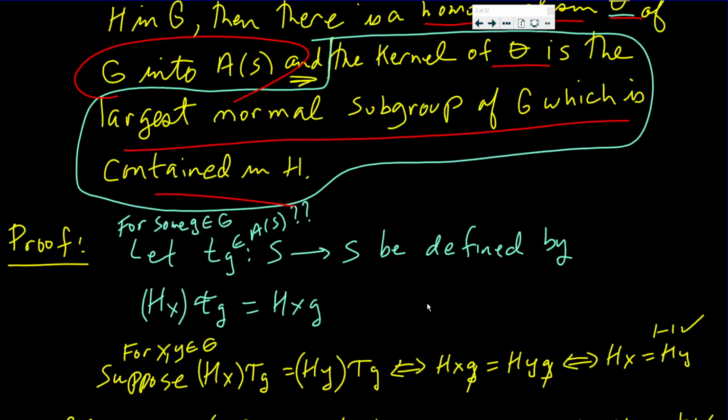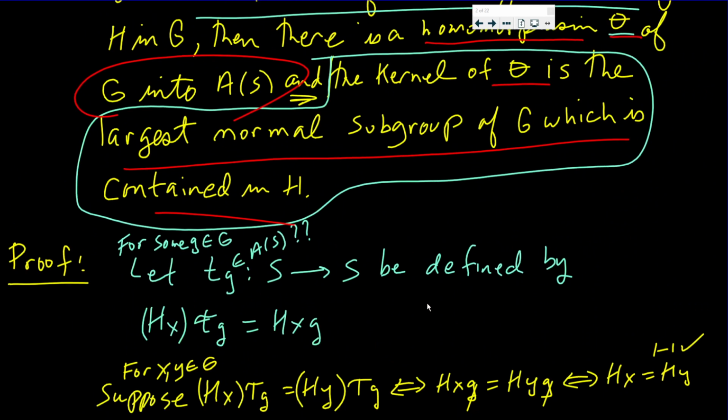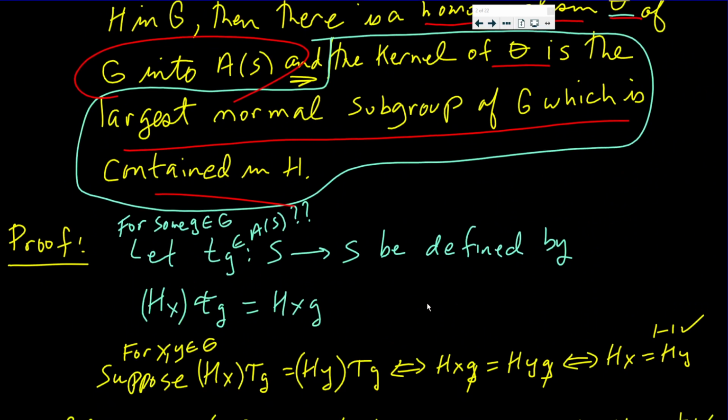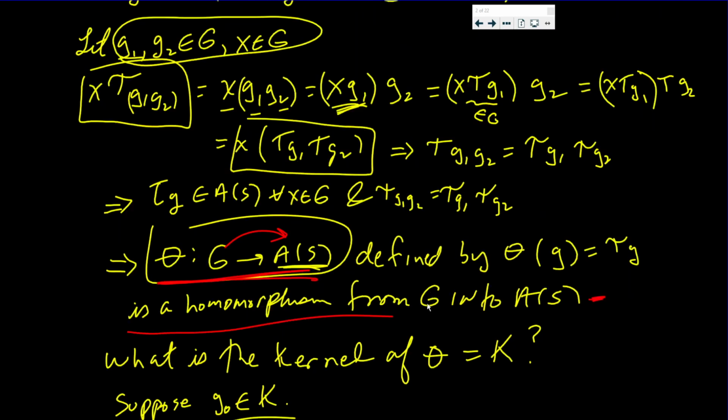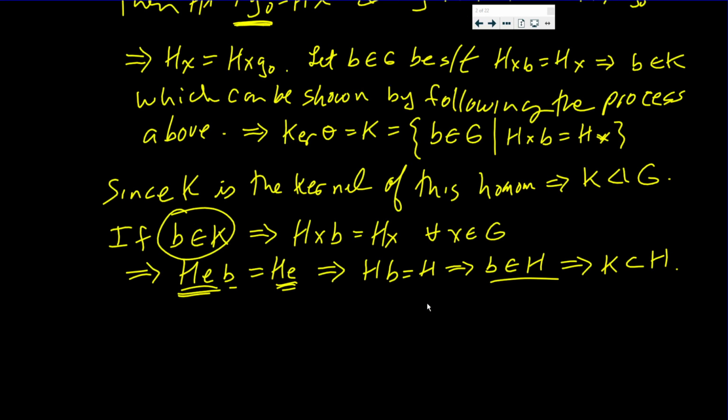Okay, just want you guys to read it again. The kernel of phi is the largest subgroup that is contained in H. So I showed that it's contained in H. There it is. Now I have to show it's the largest.